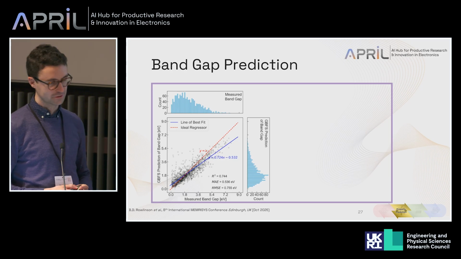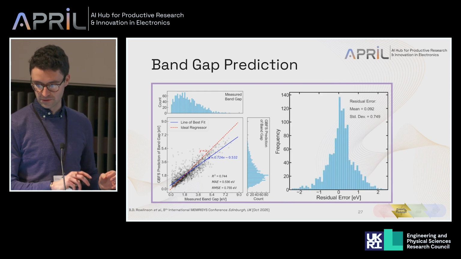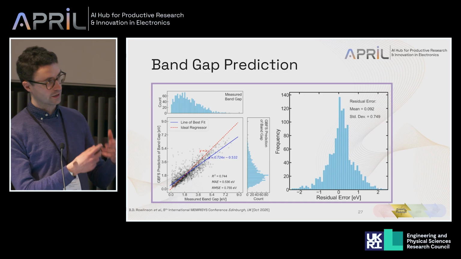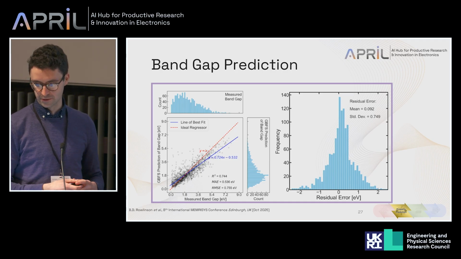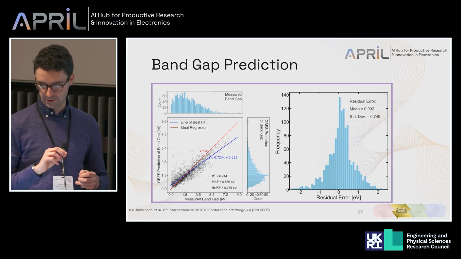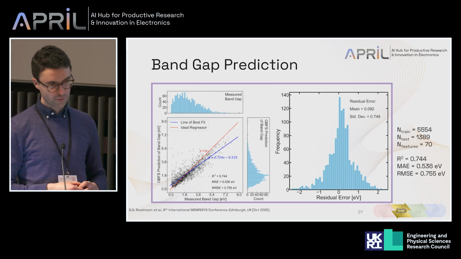And so I think it's still a very interesting result. And we're combating the overfitting by a nice evenly distributed, normal distribution around the residual error there. So yeah, very promising result.